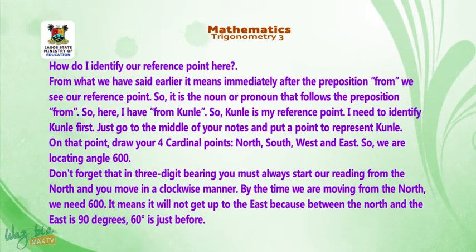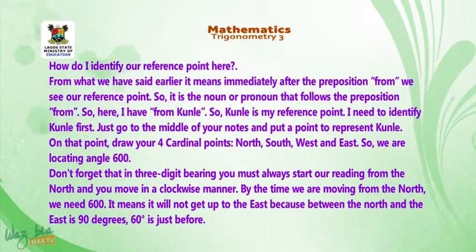So Kunle is my reference point. I need to identify Kunle first. Just go to the middle of your notes and put a point to represent Kunle. On that point, draw your 4 cardinal points: north, south, west, and east.